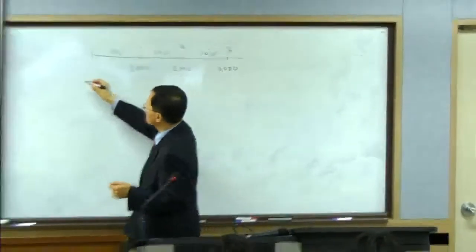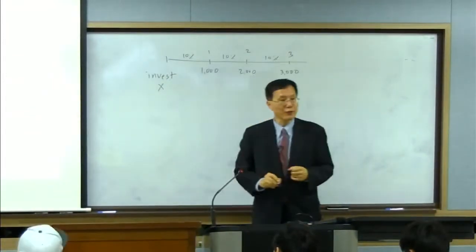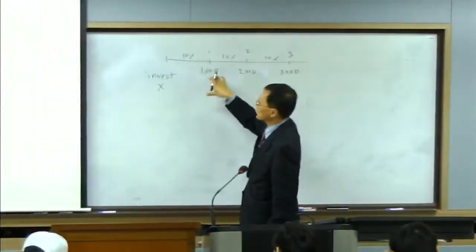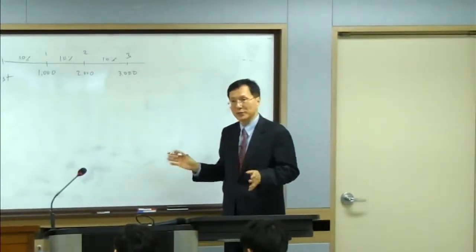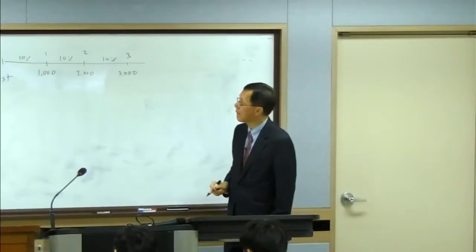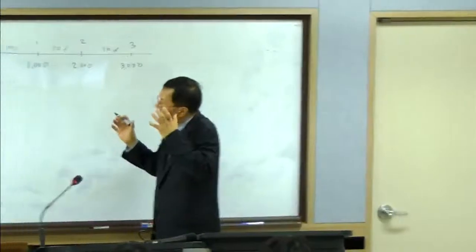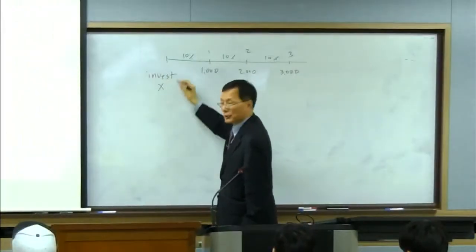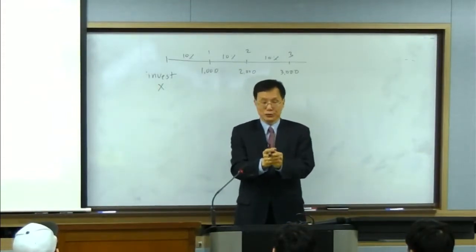So you are investing an amount called X, and you expect your investment to yield 1,000, 2,000, and 3,000 in year 1, 2, and 3 respectively over a 3-year period. So you are giving up the amount called X. You are giving up present value of X. Okay?